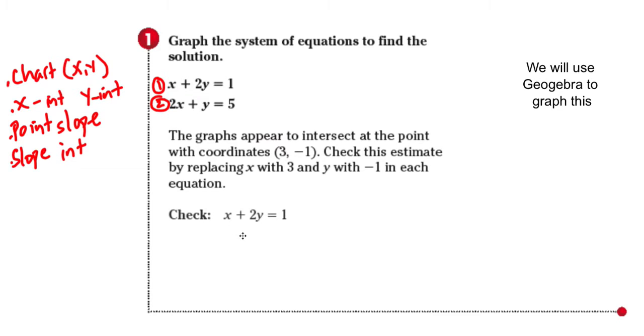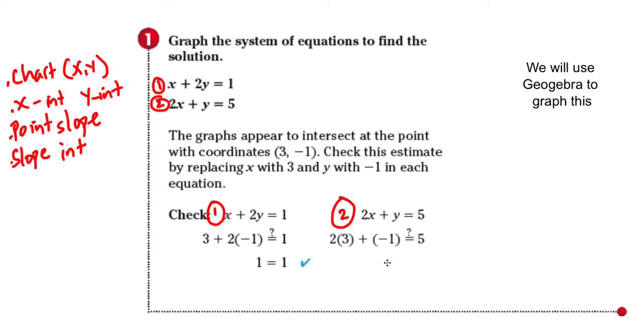Check x plus 2y equals 1: substitute 3 for x and negative 1 for y. You end up with a true statement. If you use the other equation, 2x plus y equals 5, which is equation number 2, and substitute x and y, we end up with a true statement as well.